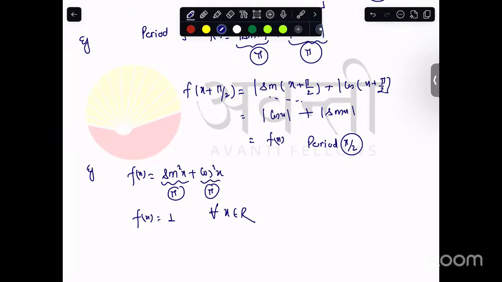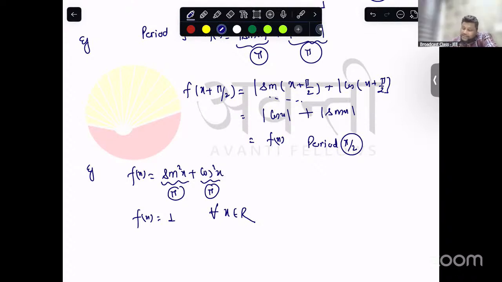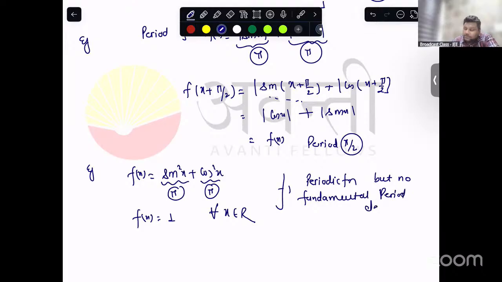And if it is 1, in that case, what do we say? Periodic function, but no fundamental period defined.